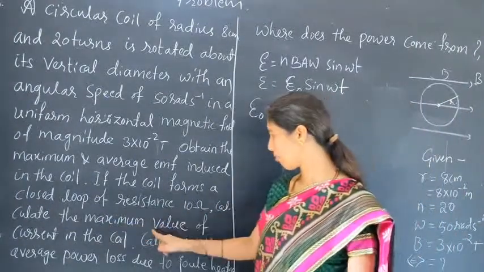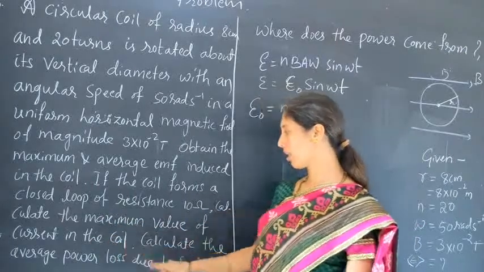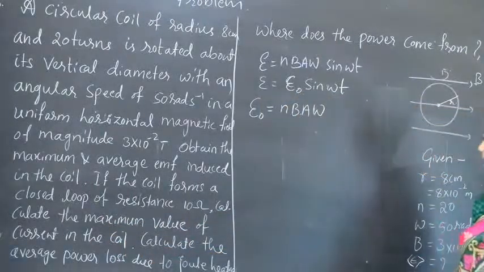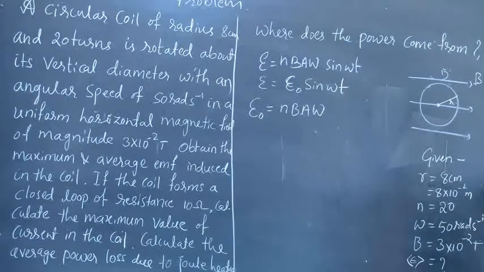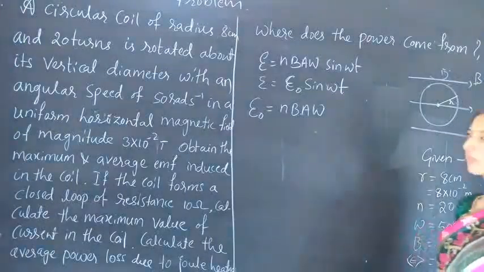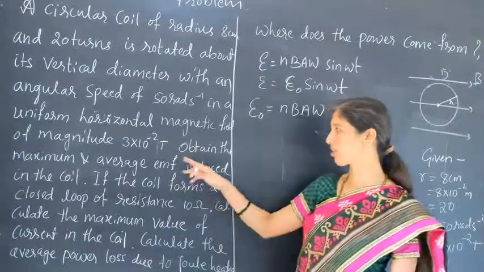Then calculate the maximum value of current in the coil and also calculate the power loss. Maximum value of current means I maximum you have to calculate as well as the loss in the power. So one by one let us calculate this one.